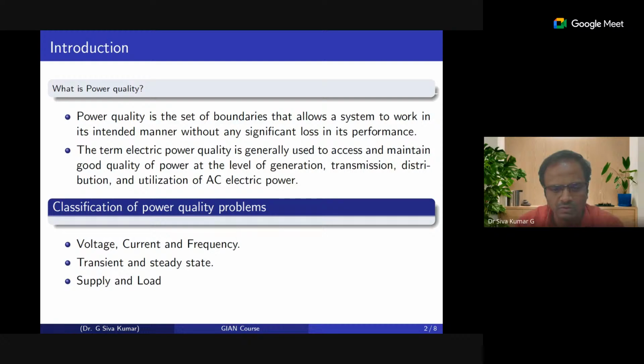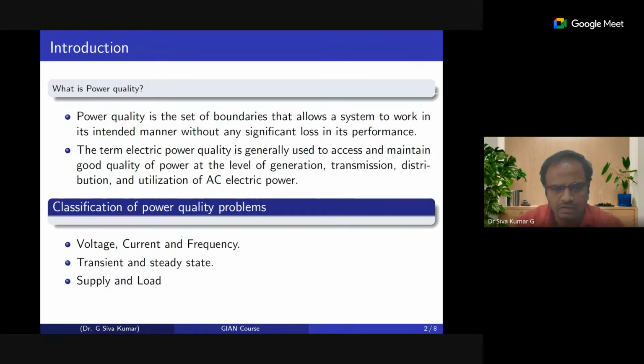If the load is delivering as expected, then the quality of the supply is good. The term electric power quality is generally used to assess and maintain the good quality of power at the level of generation, transmission, distribution, and utilization of AC electric power.